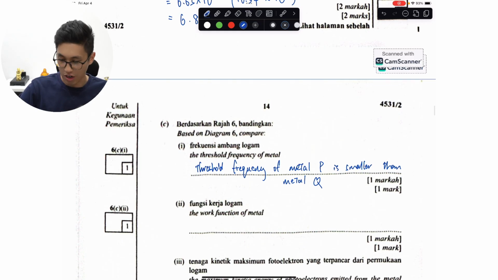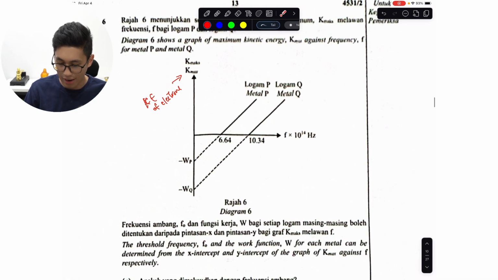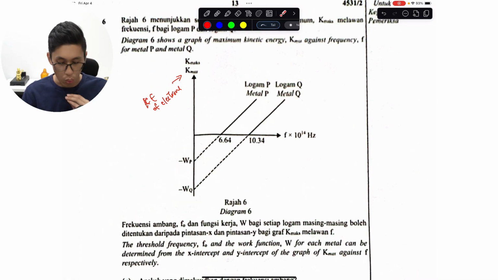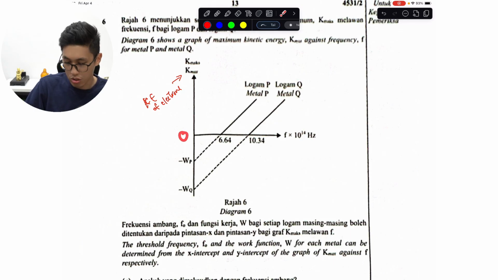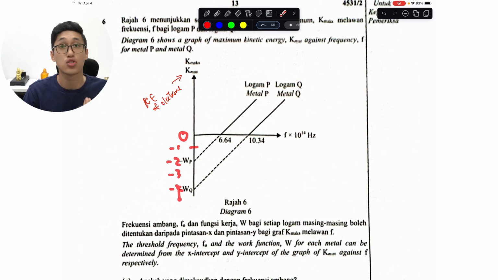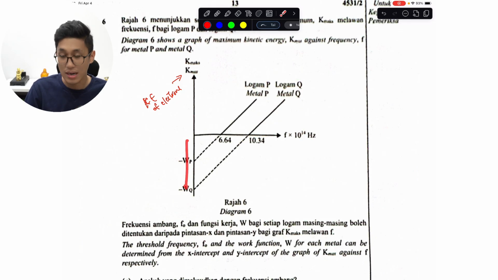And for the work function, just now I mentioned, you look at the y-intercept. The work function of P and the work function of Q. Now, be careful. Don't think that because P is above, then it is greater. It is actually smaller because remember, this is 0. So this would be like -1, -2, -3, -4, and so on, which means the lower down you go, the number actually gets bigger.